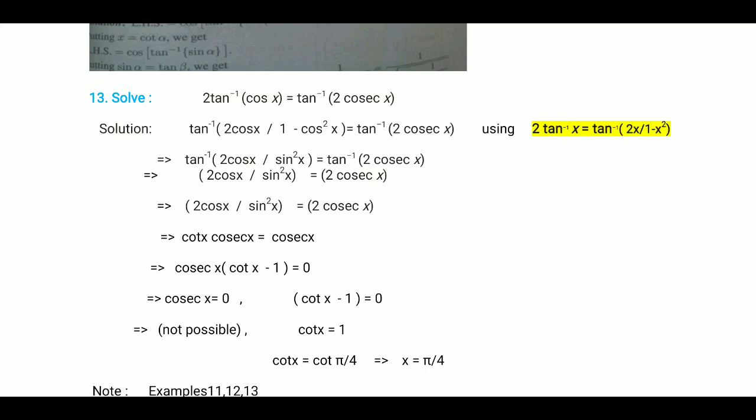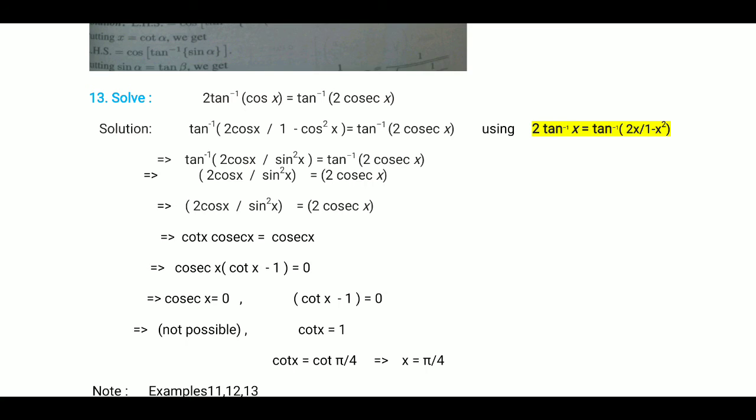Thus we get tan inverse 2 cos x upon 1 minus cos square x, that is sin square x, is equal to tan inverse 2 cos x. Now tan inverse of both sides removes, we get 2 cos x upon sin square x is equal to 2 cos x.